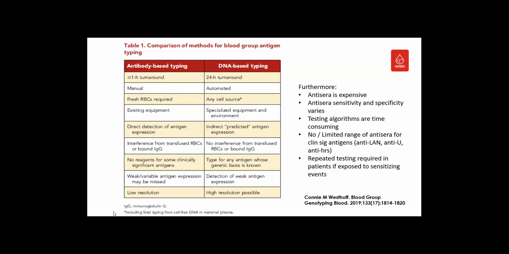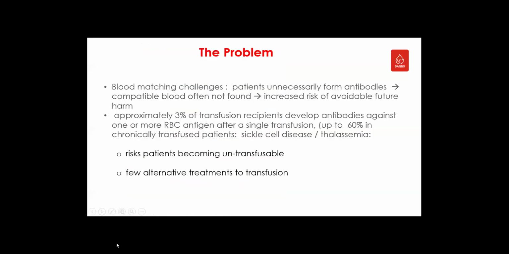Good, we can go to the next slide. I think by now you know already what the issue is with blood matching: it is because of the serological tests and the issue around sensitivity and specificity, missing weak antigen expression or not detecting certain antigens.